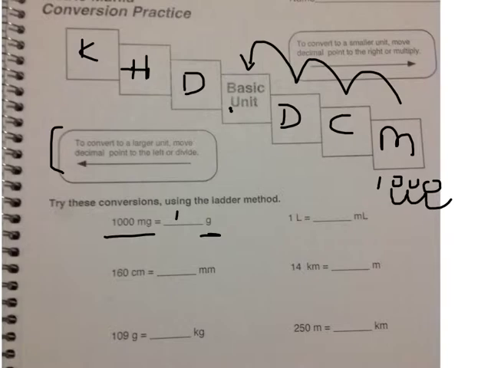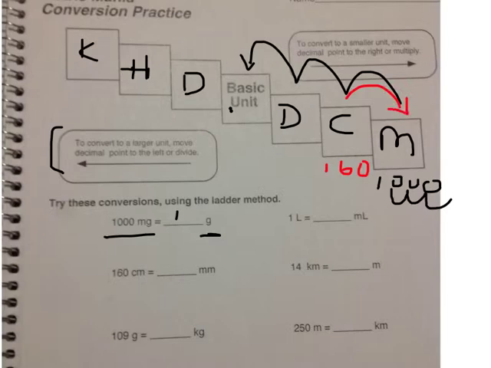So let's take a look at 160 centimeters. And this is my first time using this tool with this program, so let's see if I can change colors. Okay, 160 centimeters. And I want to go to millimeters, so I want to go this way.